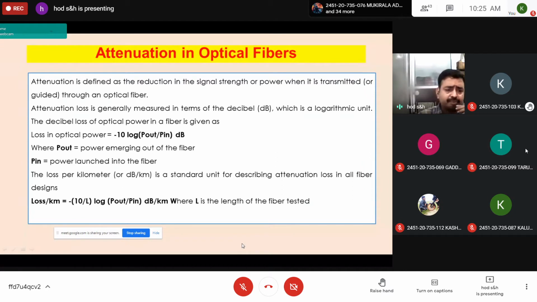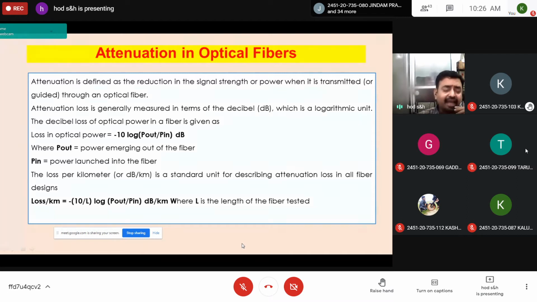The loss per kilometer is a standard unit, or sometimes loss per meter is also used. For describing attenuation loss in optical fiber designs, the loss per kilometer is -10/L log (P out / P in) dB per kilometer, where L is the length of the fiber tested.